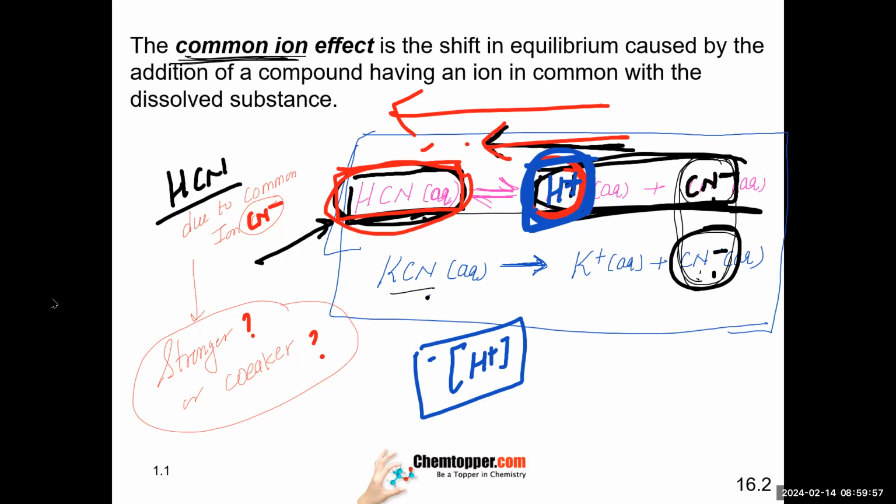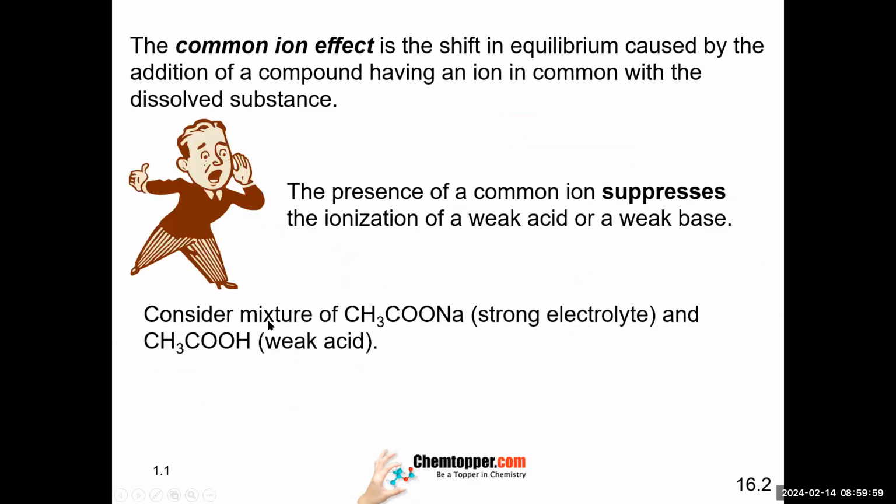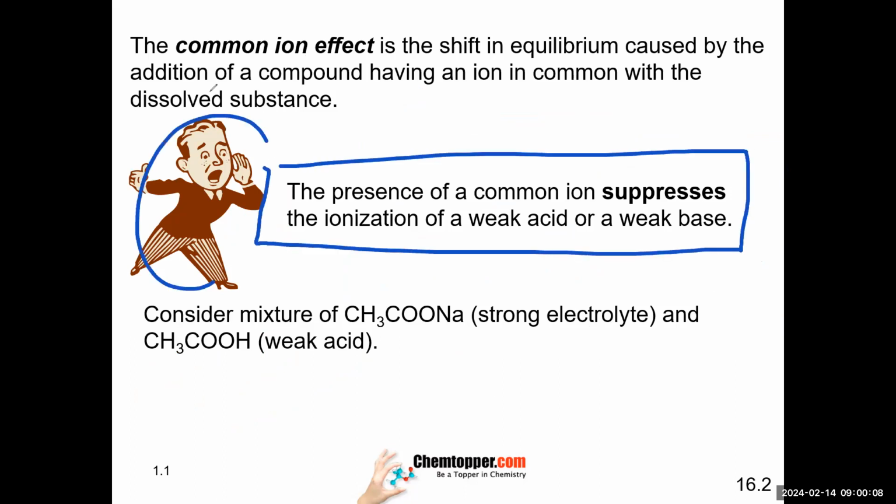So I'm giving you one particular statement here. I want you to read it, and just let me know, are you clear about it? The presence of common ions suppresses the ionization.